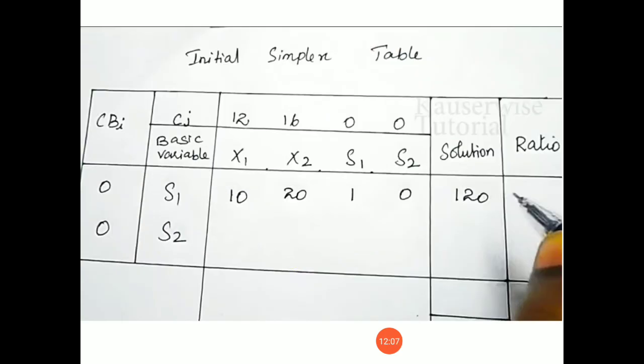That is, with x1 10, with x2 20, with s1 1 and with s2 0, and the solution is 120. The next step, I will be repeating the same thing: finding in which equation the s2 slack variable is present.